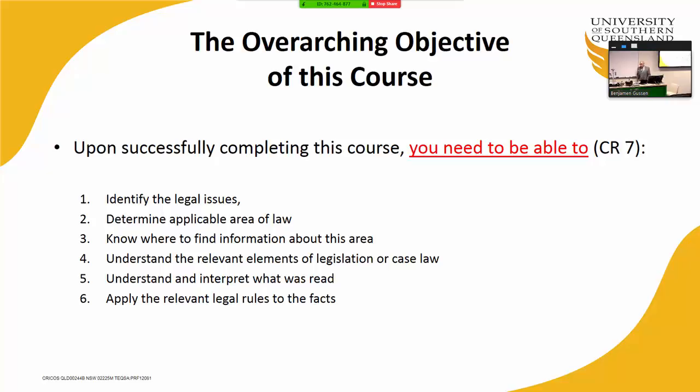And what do we mean by a legal issue? Can someone give us some ideas of what is an issue? Where do issues come from? There's a deviation in a contract.